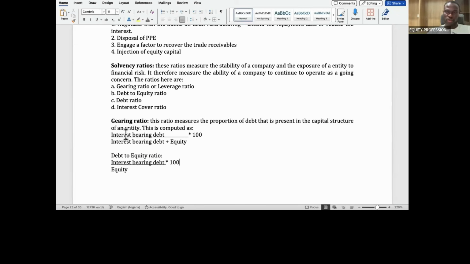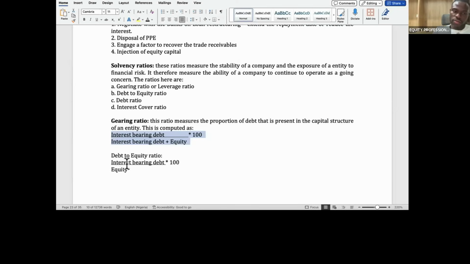So if you have a ratio of over 50%, you can say this company is over geared, is highly geared. And in that case, we'll say it is exposed to serious financial risk.